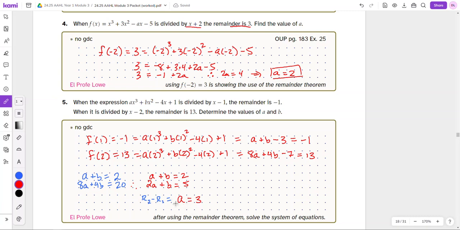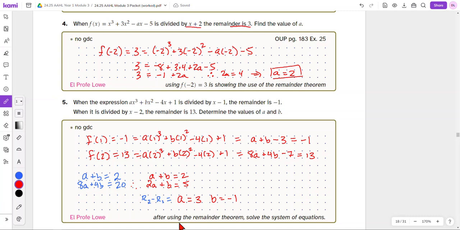So row 2 minus row 1 is a, and a is going to be equal to 3, and if a is equal to 3, then we know that b has to be equal to negative 1. All right, so we have a little system of equations that we need to solve, and after using the remainder theorem, we want to be able to solve that system of equations.